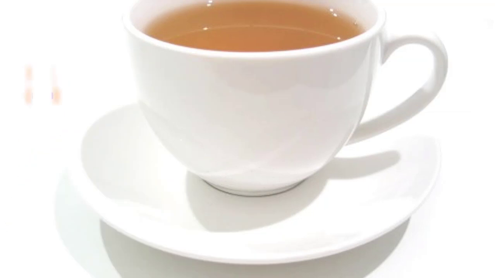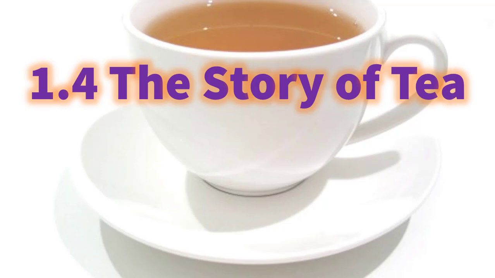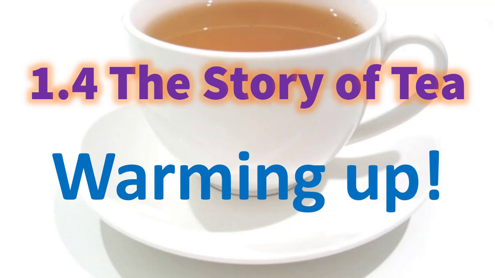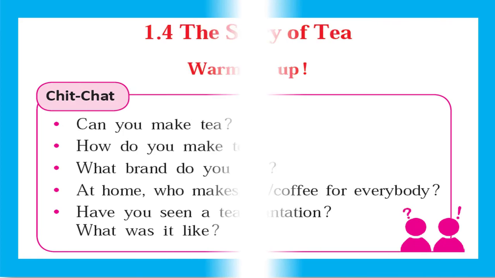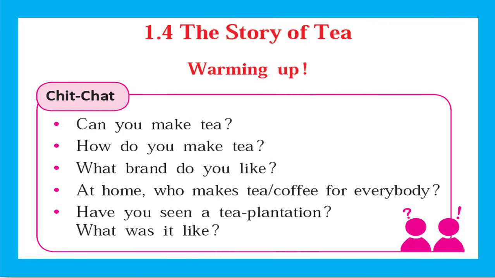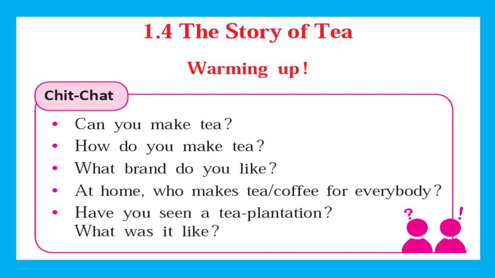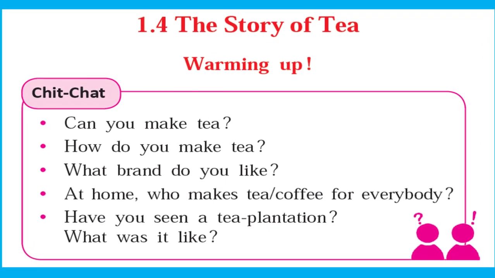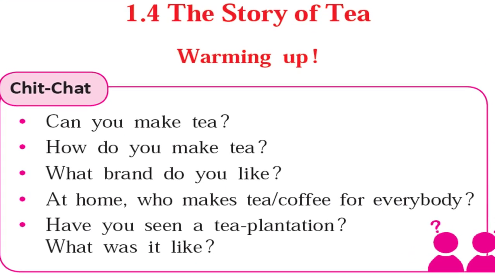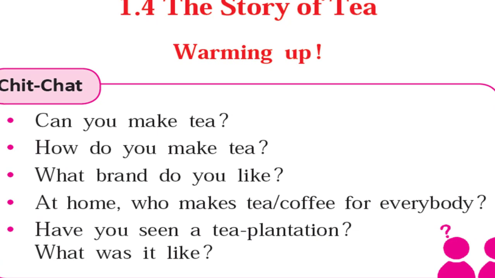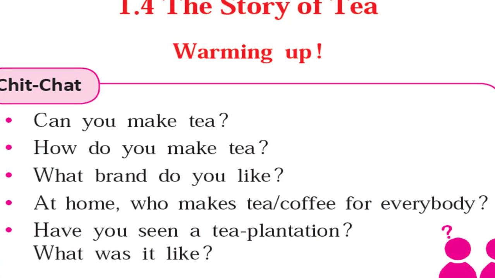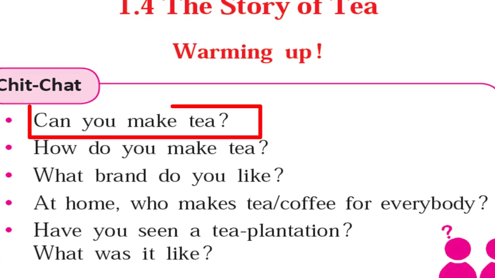Now we are going to watch unit number 1.4, The Story of Tea, and we are going to solve the warming up activity or chit-chat activity. On your page number 17 is the warming up activity, and in the chit-chat activity there are 5 questions. First, can you make tea?